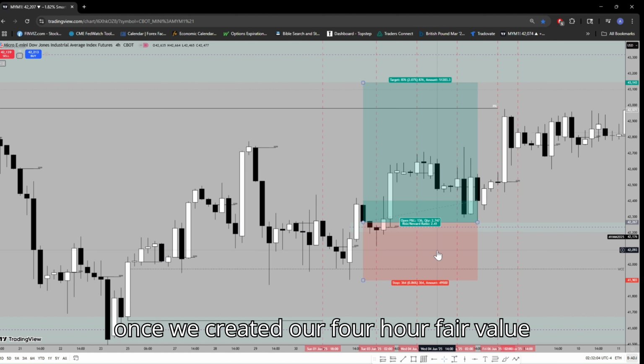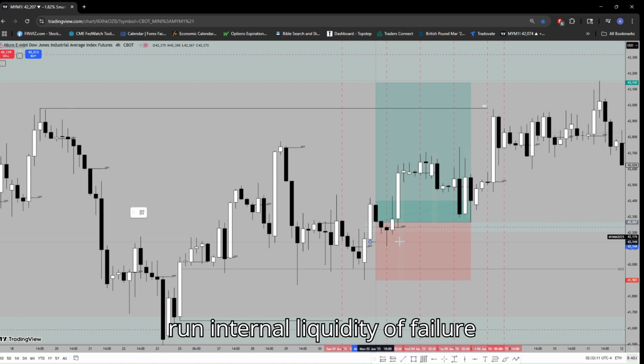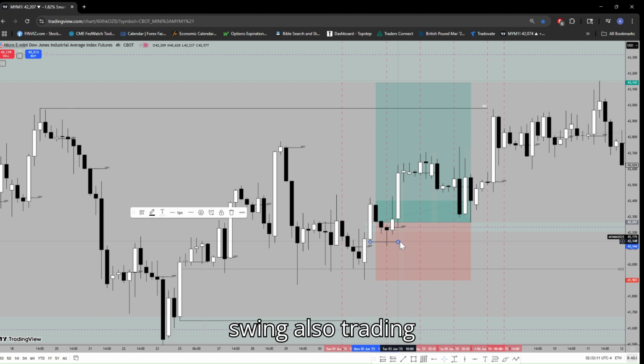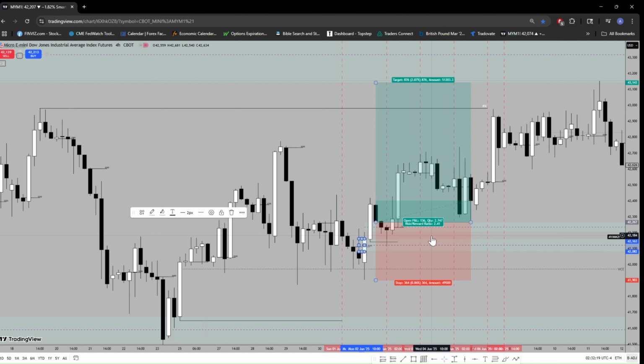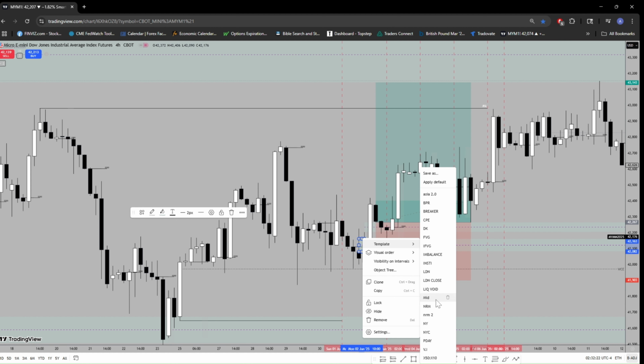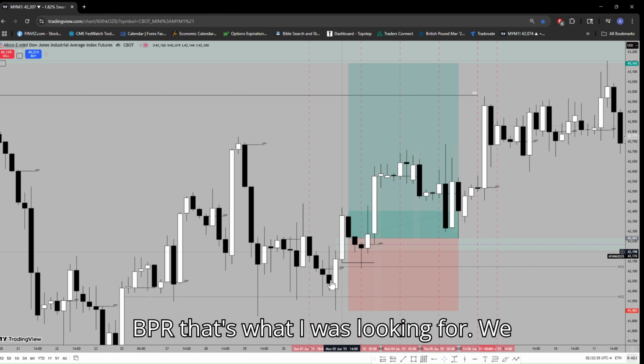Once we created our 4-hour fair value gap, price also came in, ran internal liquidity or failure swing, also trading into 50% of this 4-hour BPR, that's what I was looking for.